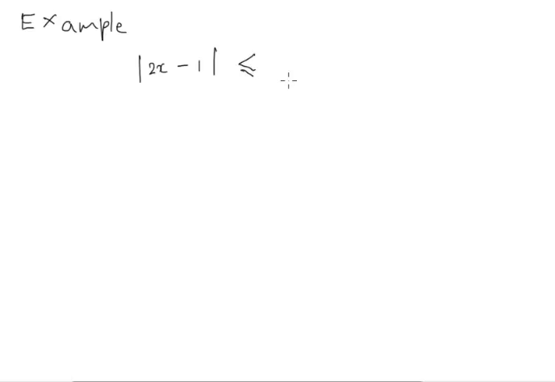Examples, in this case, examples on solving inequalities involving absolute value. Now let's have here absolute value of 2x minus 1 is less or equal to 2. What we need to do here, you need to be able to solve this inequality and at the same time be able to represent the solution graphically.